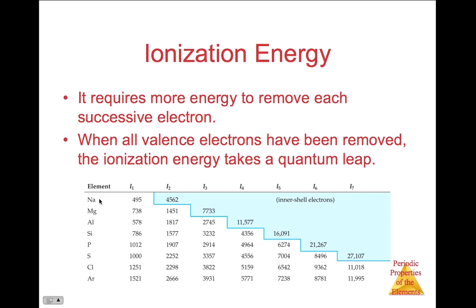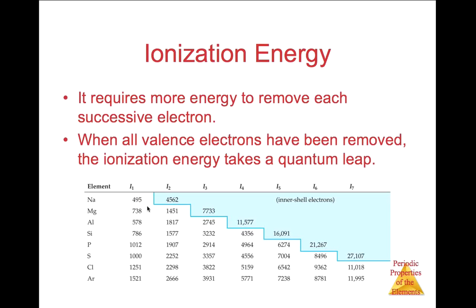These I's right here, I1, I2, I3, I4, stand for ionization energy 1, removing one electron. Ionization energy 2, removing a second electron. Ionization energy 3, removing a third electron, etc. And you can see here, just going across period 3, going from sodium, magnesium, aluminum, silicon, that it takes a quantum jump right here from first to second ionization energy, because after you remove one electron from sodium, it now looks like the noble gas neon.